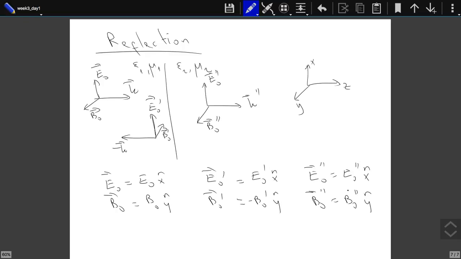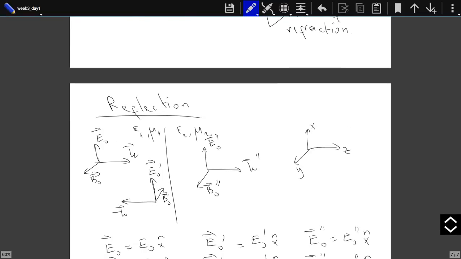So that will be our question for Friday. I strongly suggest you review the concept of the continuity of the electric and magnetic fields across a surface. On the left-hand side of my surface, the total electric field will be just the sum of these two. And the total magnetic field will be the sum of these two.